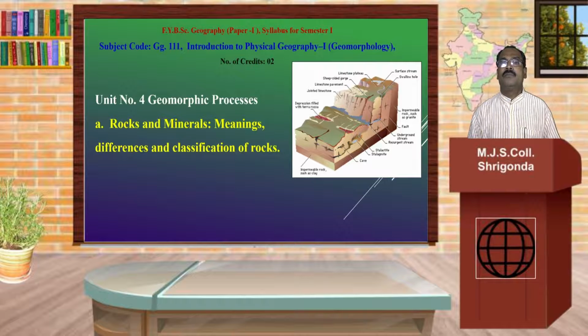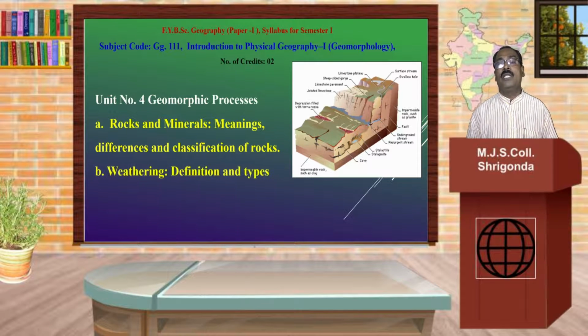First point is rocks and minerals. What is meant by rocks and what is meant by minerals, the meaning, and differentiation and classification of rocks are covered in these sub points.